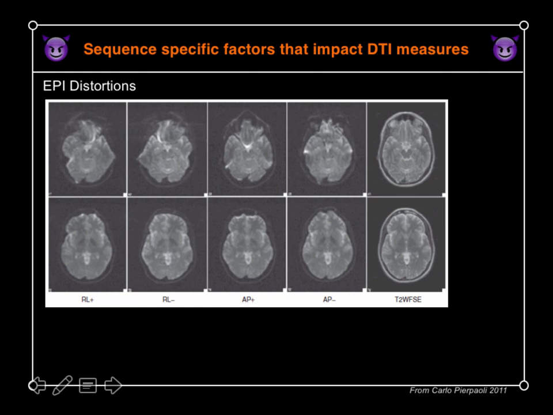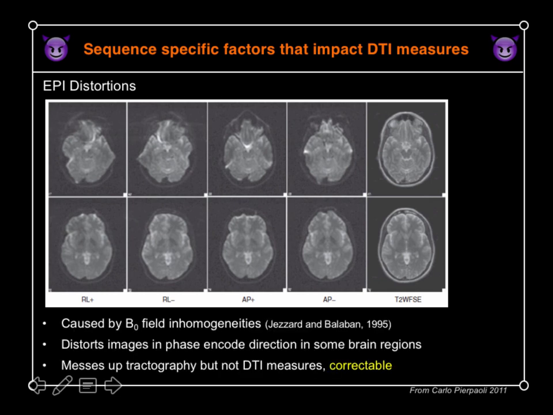So if you have the phase encode direction in the anterior-posterior direction, you have the stretching that you see over here, and there's also the signal pileup that you see in these regions. Same, if you have the phase encode direction in the posterior to anterior, you have a compression here, so it's going in the posterior direction, and you have signal pileup here.